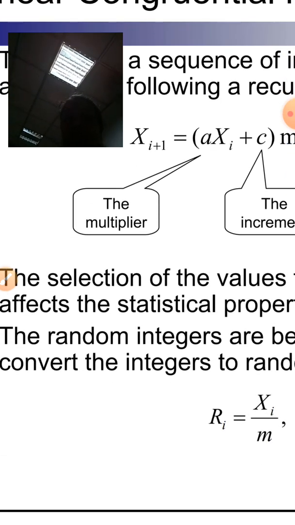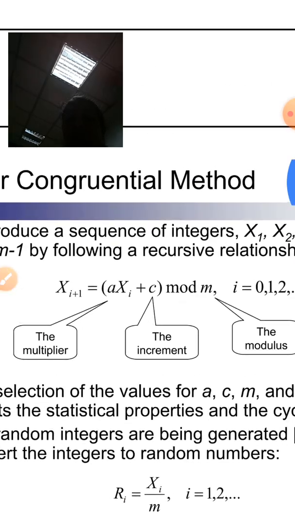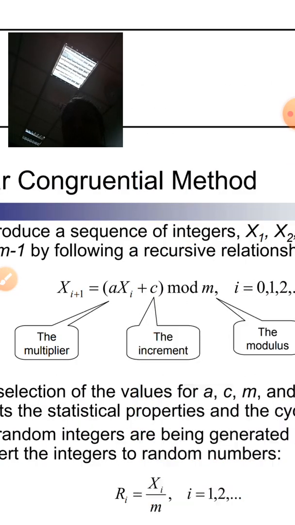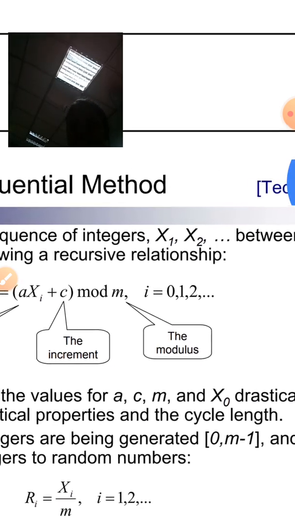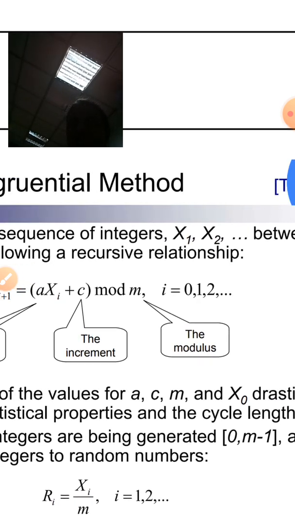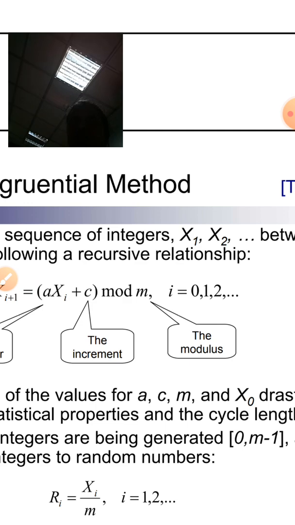So in the selection of values, what should a, c and m be? As I said, a is a constant multiplier used for all the steps, c is the increment, and m is the modulus. So how are we going to select these values? The very first thing is we take a random number x naught.